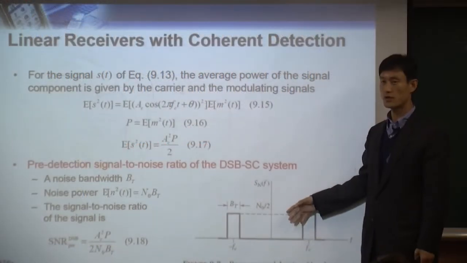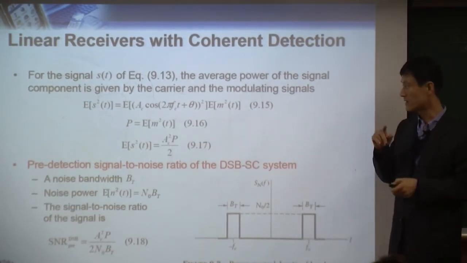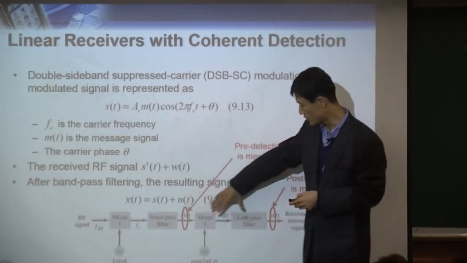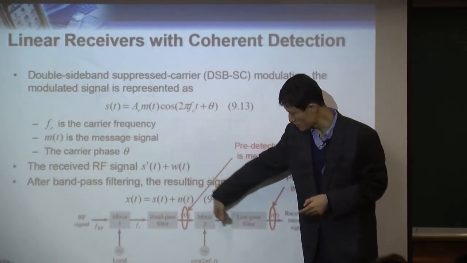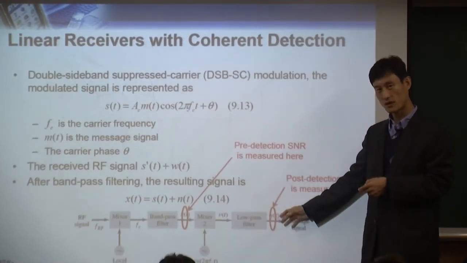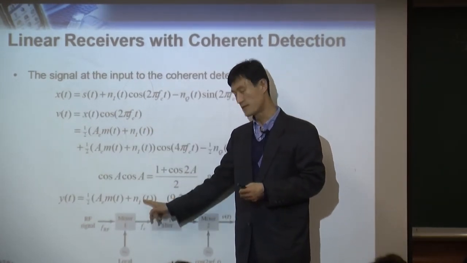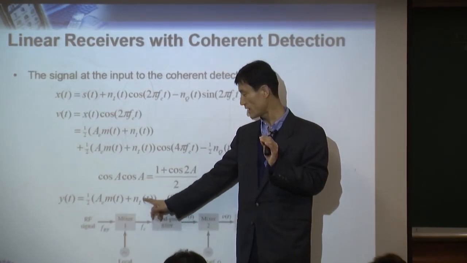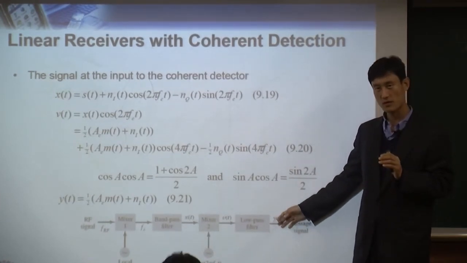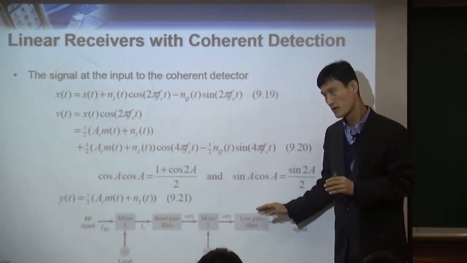But eventually when this noise goes into the demodulation, as output you get n_i(t), right?